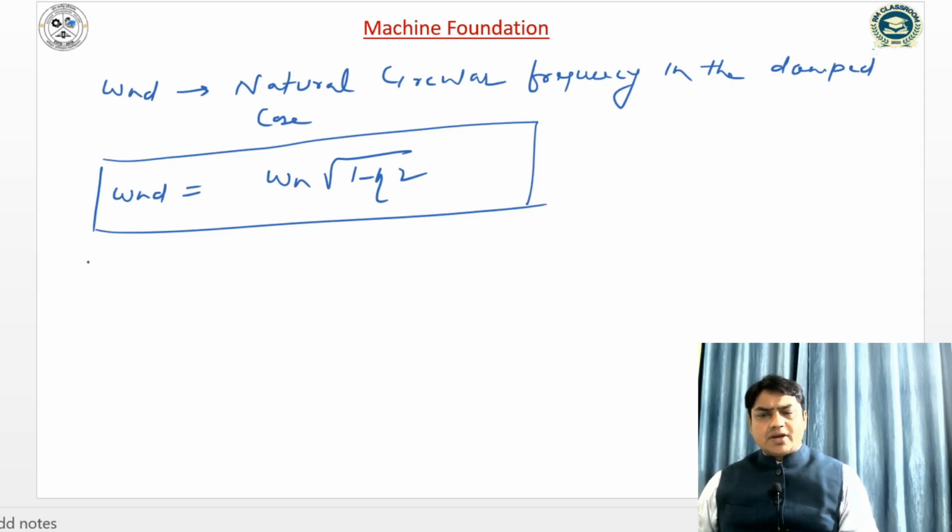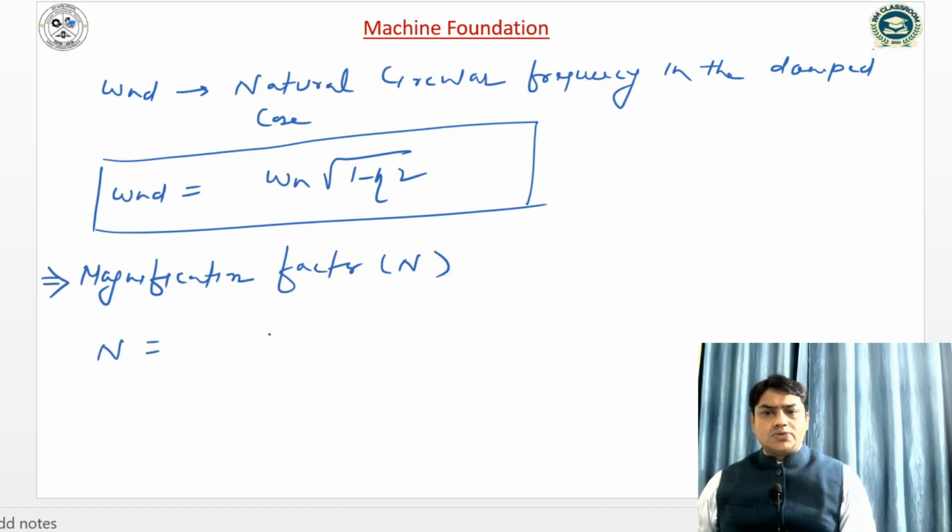Similarly, if I write the expression of magnification factor, n can be written as n is equal to 1 by square root of 1 minus r square to the whole square plus twice eta r whole square.